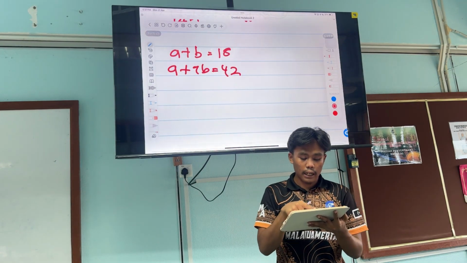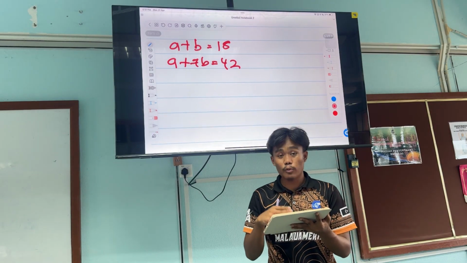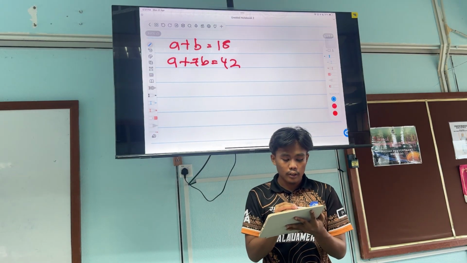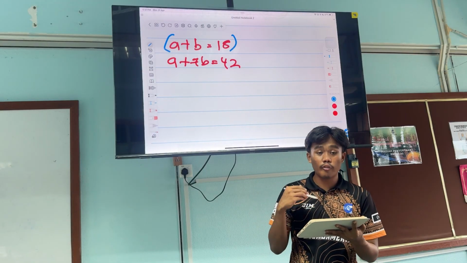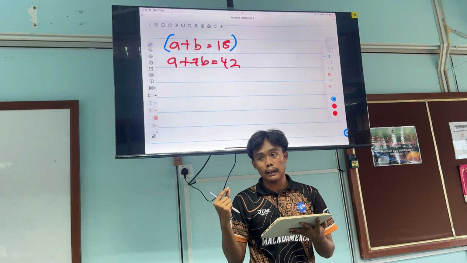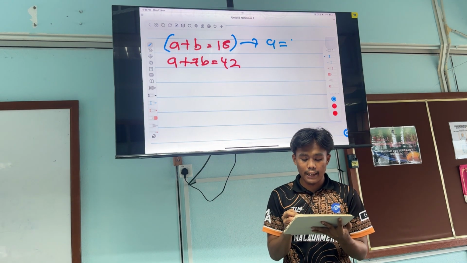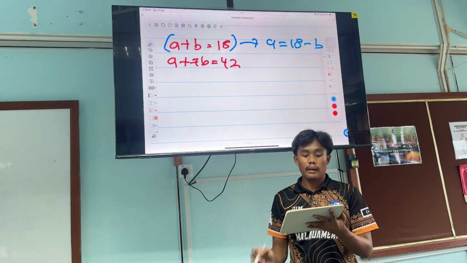So we can solve this with the simultaneous equation. We can use this equation and define A as the lonely one. So A equals 18 minus B. Understand?